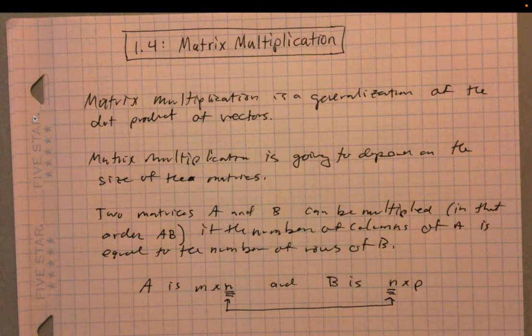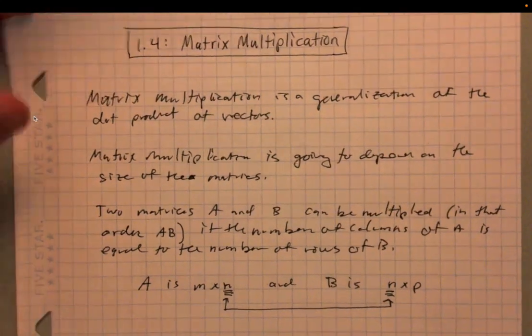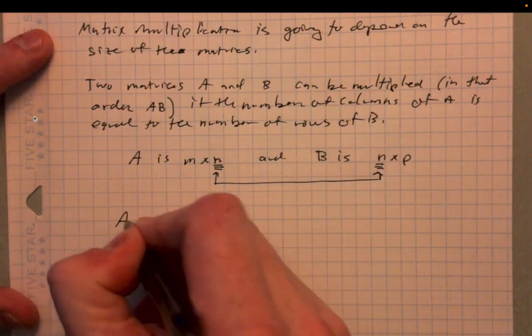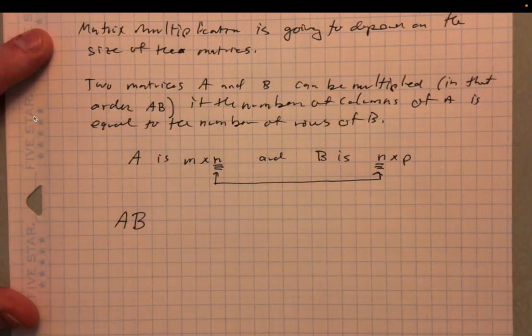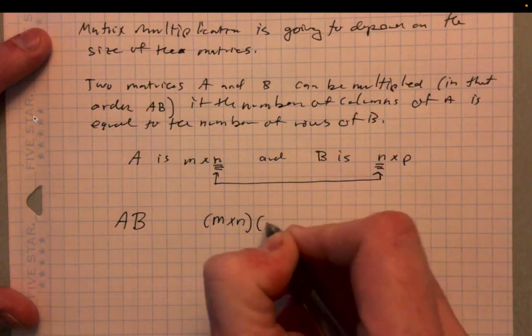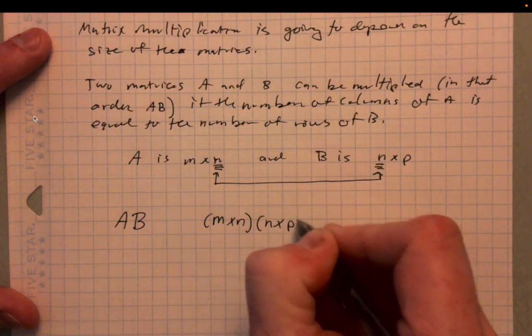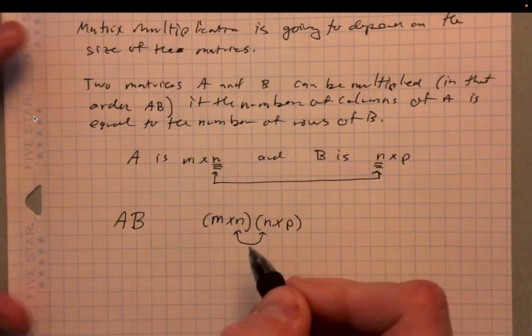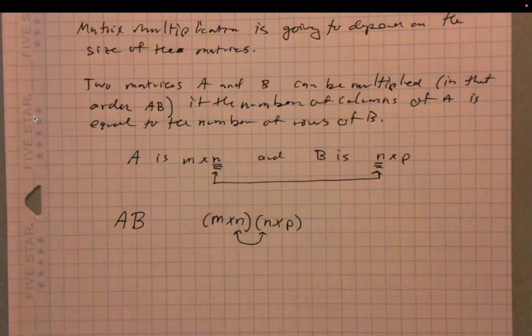It has to be the case that the number of columns of A is equal to the number of rows of B. A good way to remember this is to say, okay, if I want to multiply A times B, then I need to look at the dimensions first. So I've got m by n, and I'm trying to multiply that with an n by p. The only way it's going to work is if these two numbers are the same, those two inside numbers.